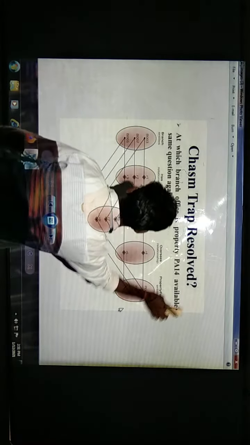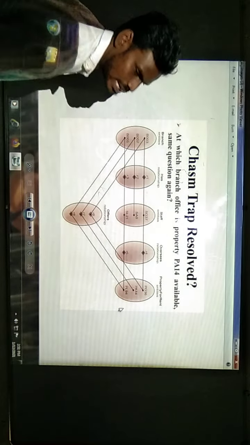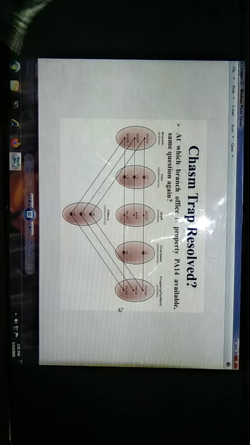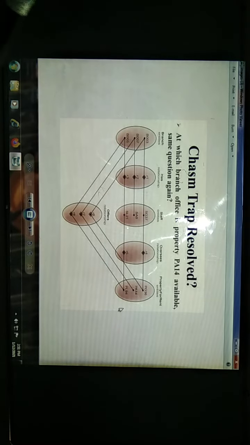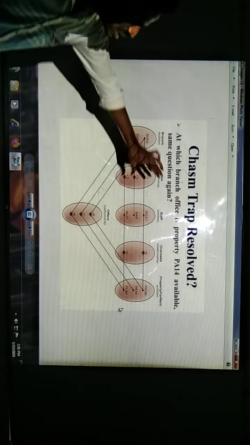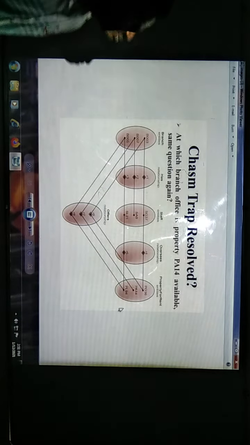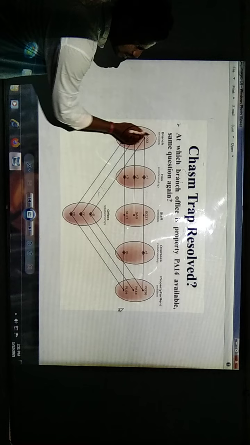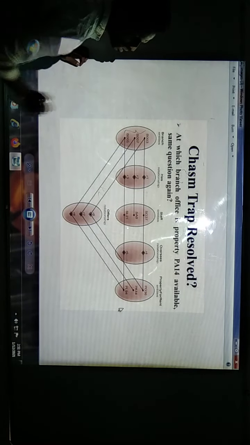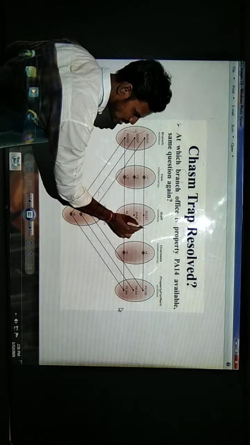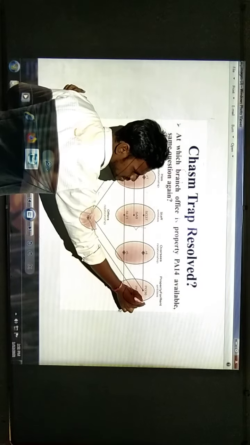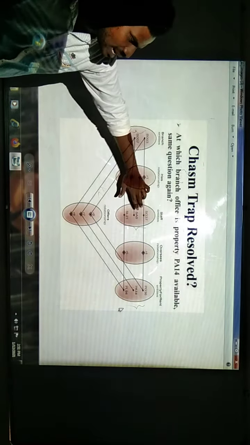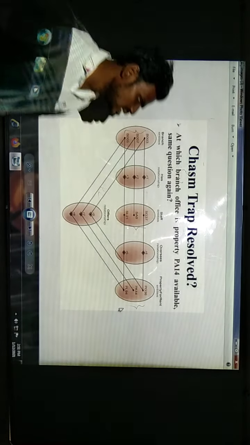But here, we will not be having any relation towards the next entity. See here, this is the branch, this is the staff, and this is the property for rent. That is what we have discussed in the class also. The branch entity is having 3 records, and staff is also having 3 records, and property is given with 3 records. And the first branch consists of the first staff, and first staff is rented with this PG36.